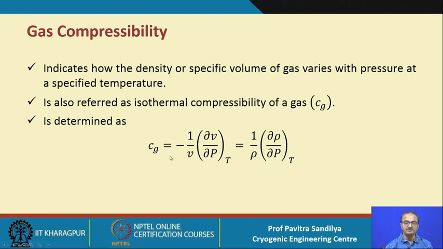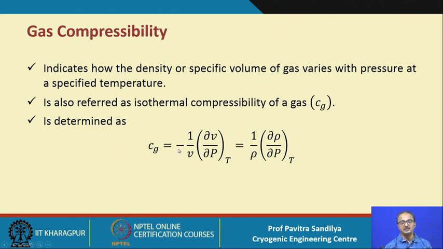Now why has the negative sign been given? It accounts for the fact that with an increase in pressure, the volume reduces at a given temperature, which we know from Boyle's law. So dou V by dou P will always be negative, and that negative and this negative will keep the value of Cg positive.